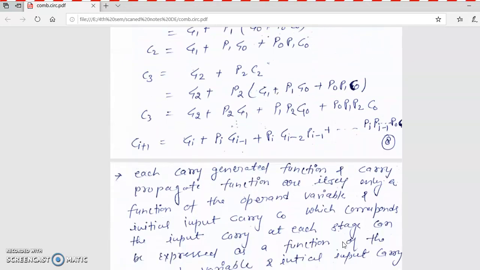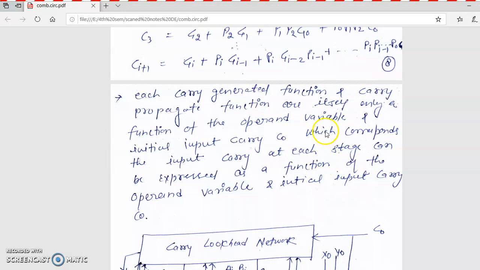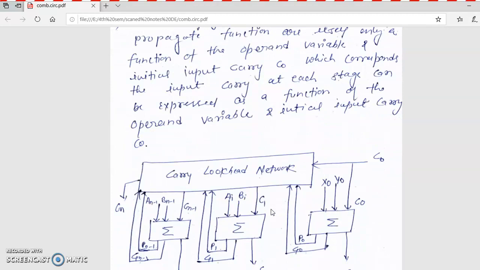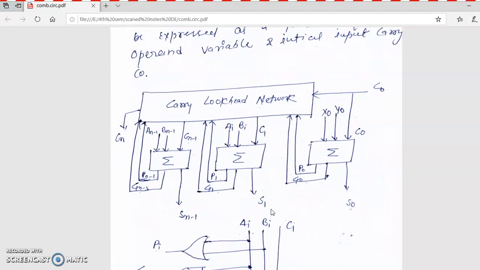Okay, each carry generate function and carry propagate function is itself only a function of the operand variables, and the initial input carry C0, which corresponds to the input carry at each stage, can be expressed as a function of the operand variables and the unique input carry. This is the circuit diagram.